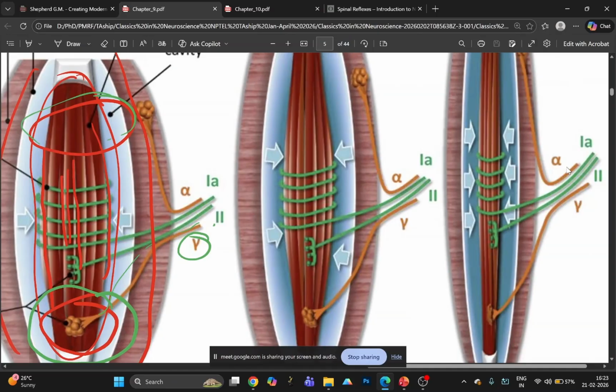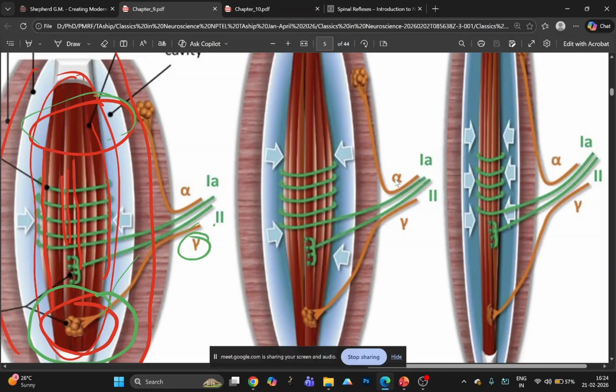Afferent means going towards the spinal cord, away from the organs or muscles; efferent is away from the spinal cord. The 1A and the 2 are the sensory afferents, the sensory neurons that carry the stretch information from the muscle spindle to the spinal cord.